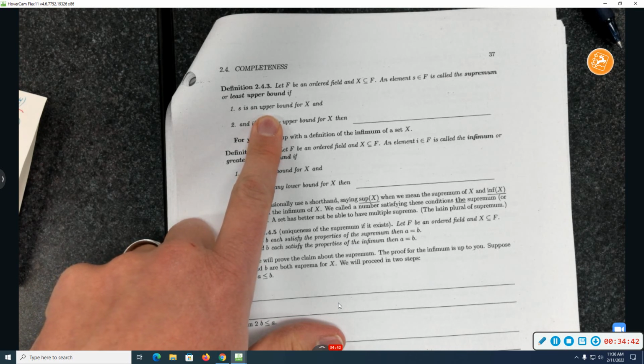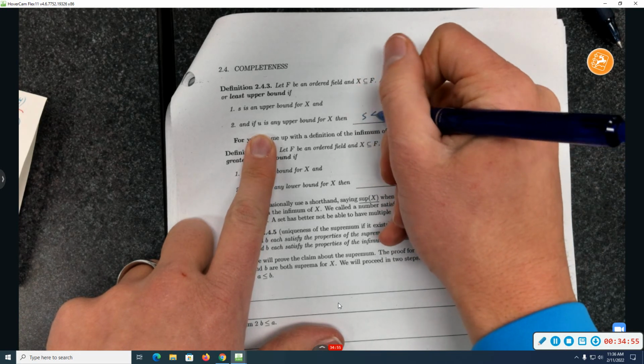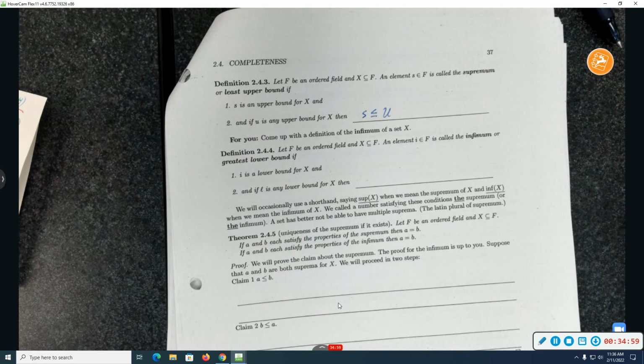If S is the least upper bound, it should be less than or equal to absolutely every upper bound. Two, if U is any upper bound for X, then S is less than or equal to U. That seems like a reasonable, at the very least, upper bound is exactly what that should mean.